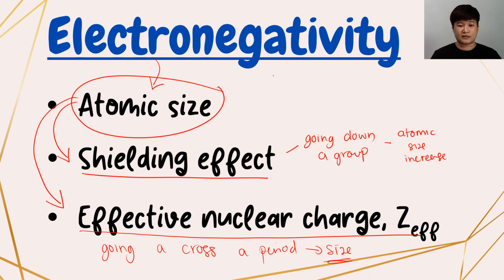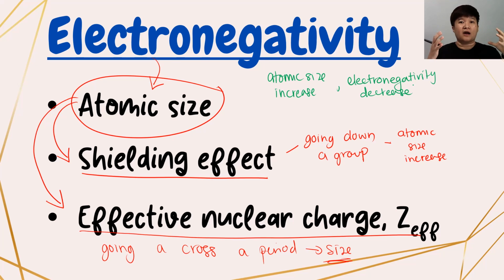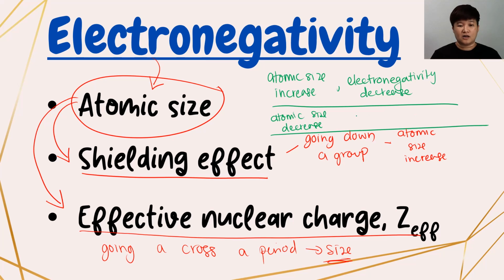Also, a conclusion for electronegativity, when the atomic size increases or when the atomic size is very big, the electronegativity, the ability to attract electron, will decrease. Okay, when the size is very big, it's very hard for you to add in electron because the force of attraction is very weak. Vice versa, when the atomic size decreases, when the atomic size becomes smaller, what happens?